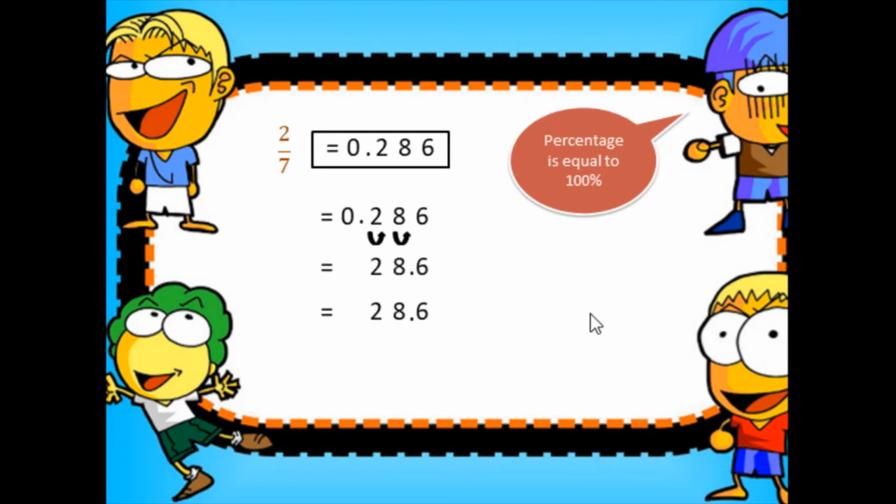And don't forget the rule: you add a percentage sign after the last number. So now 2/7 is equal to 28.6%. Again, 28.6% is the percentage form for the fraction 2/7.